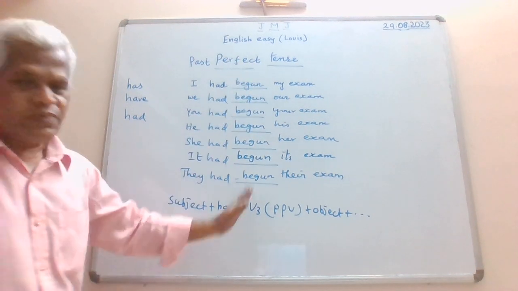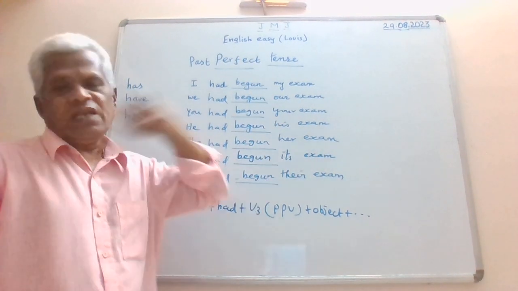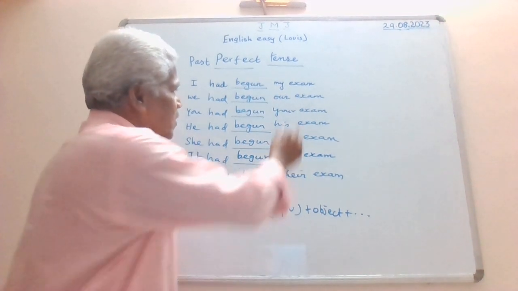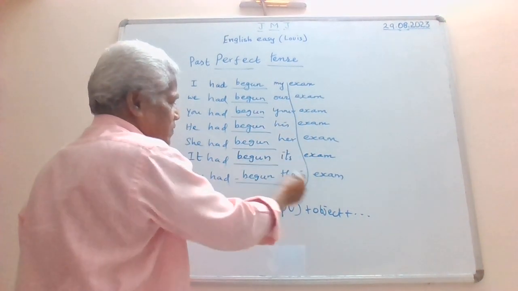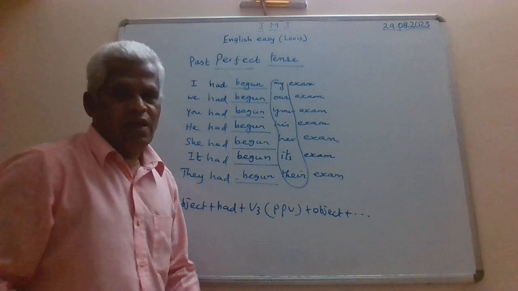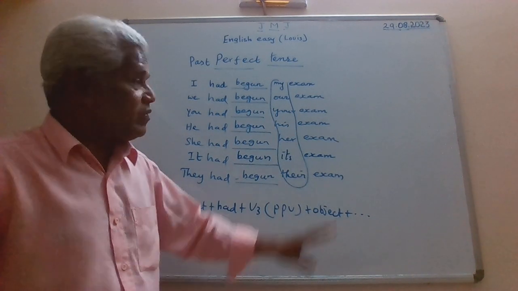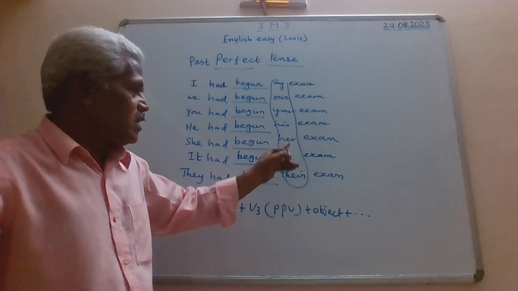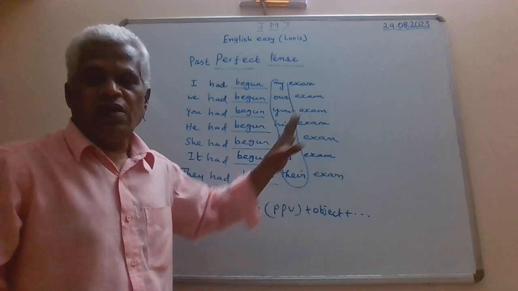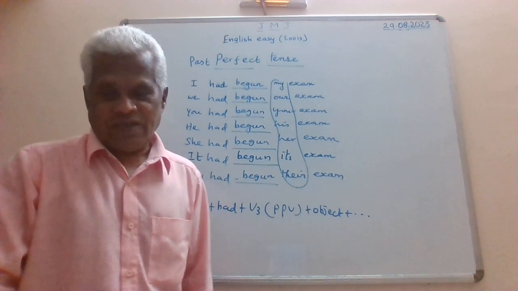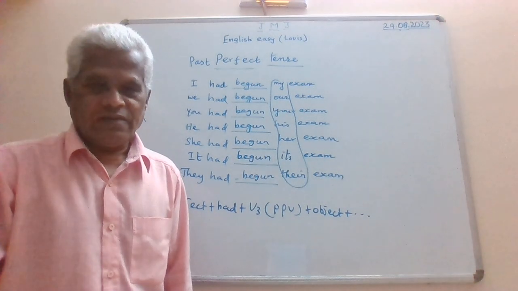Had plus the past participle form of the verb and then the object, of course. Here we have used all the possessive cases, if you remember. This is for us to have a clear-cut meaning for the sentence. That's why we have used my, our, your, his, its, their. They are all possessive pronouns. Okay?